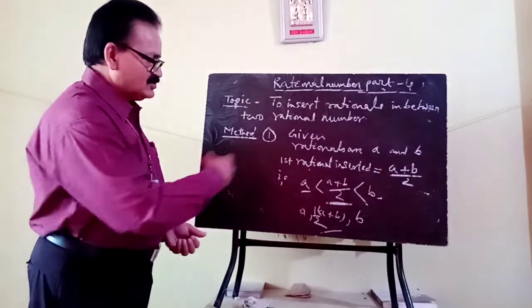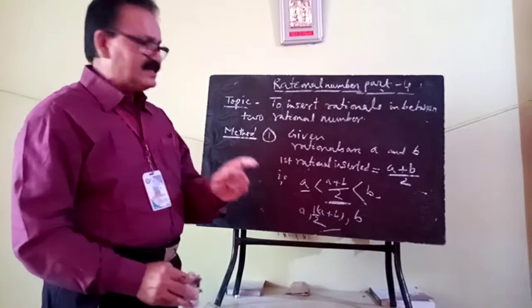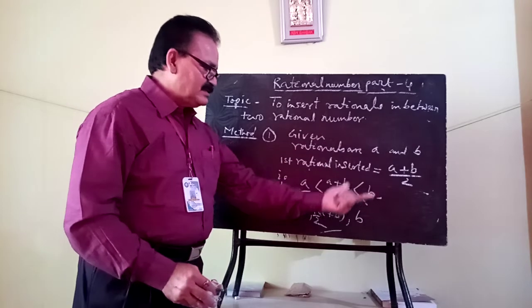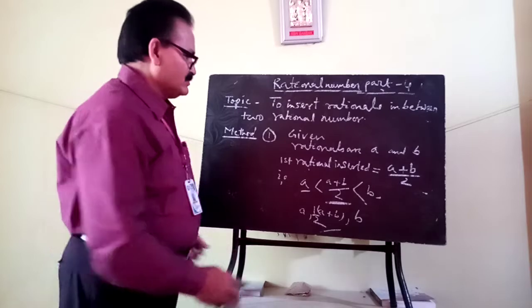Clear? So for inserting one rational in between these two rationals, this way you can find out.